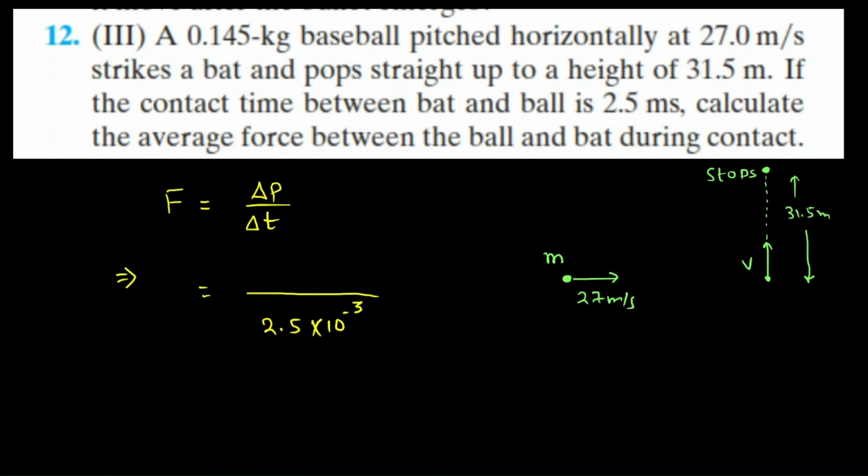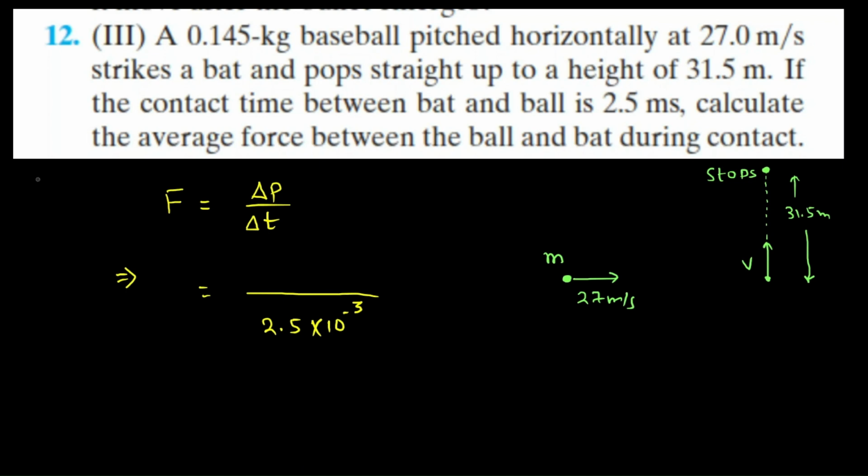But we don't have any acceleration. That's the thing. It's going up. What is the meaning of going up in the air? That means there's no displacement. The bat hits the ball and the ball goes up.